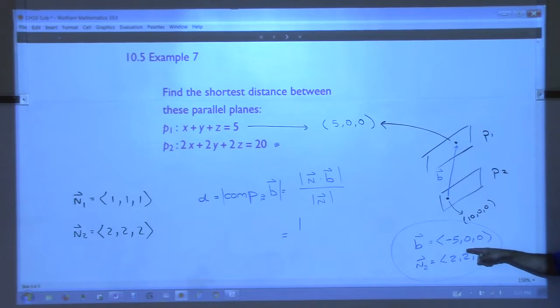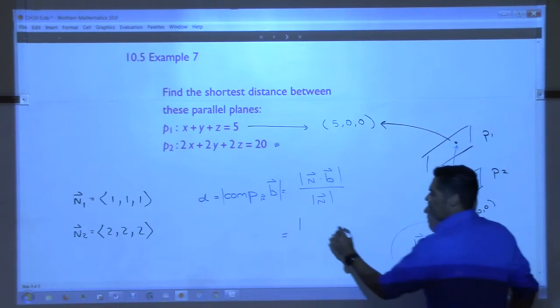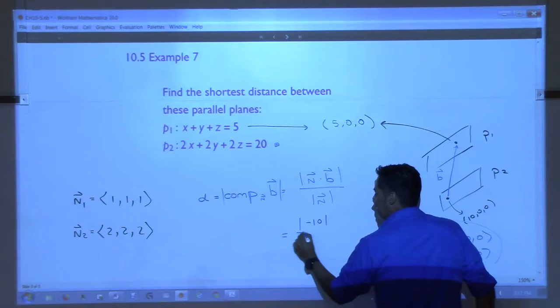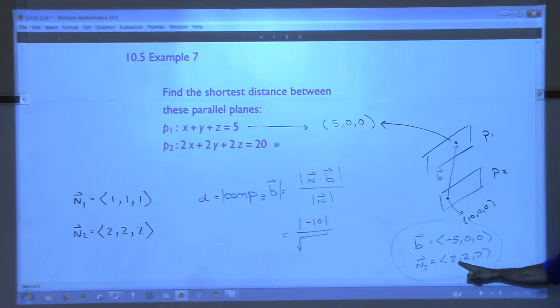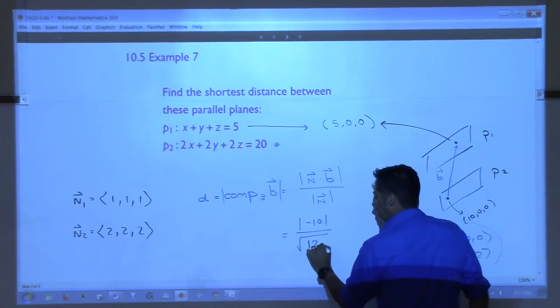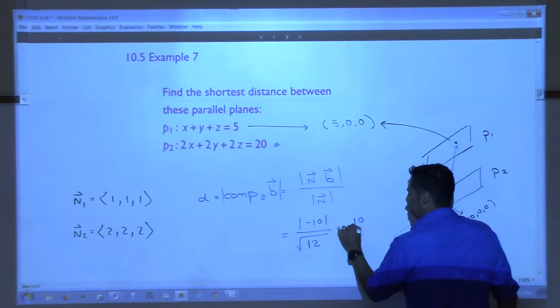Dotting these, negative 10, 0, 0, so negative 10 on top. On the bottom, we get the absolute value of 2, 2, 2. Square each one, so 4, 4, 4, root 12. So this is going to be 10 over root 12.